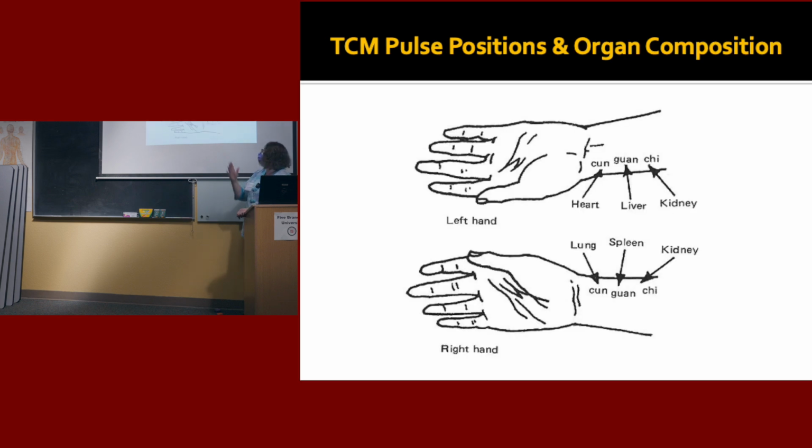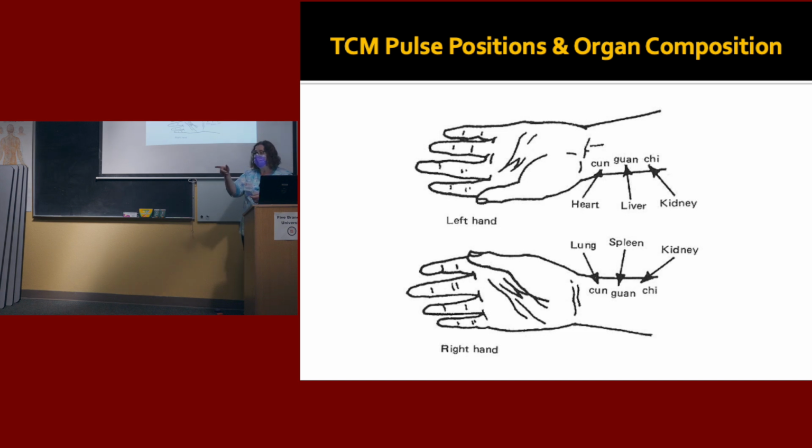So as I mentioned, there are different areas. Again, just like the body, it's a reversed map of the torso. So what is more on the tip will be the heart and the lungs. The heart inclines towards your left hand, so this is the first position next to the wrist.